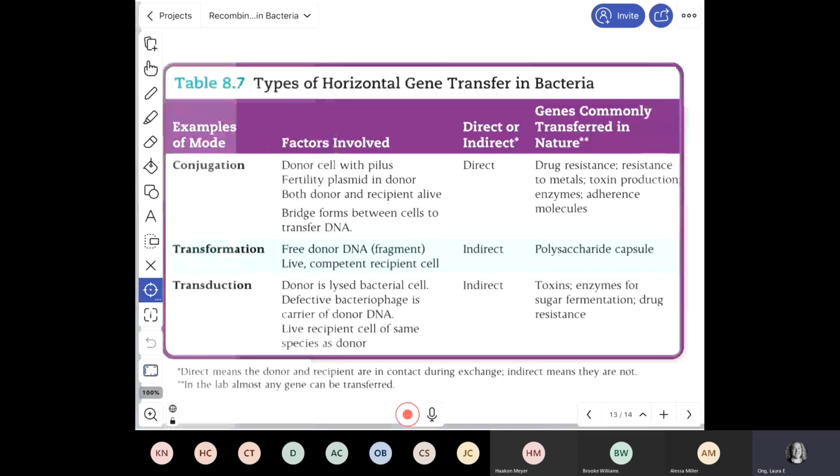This slide is from your book, and it is technically listing and comparing these three ways. I do not really love how they describe it because I feel like the language is unnecessarily complicated for this style of class.